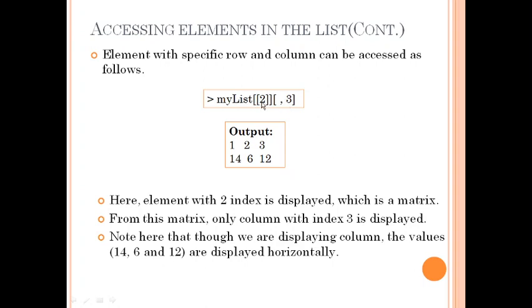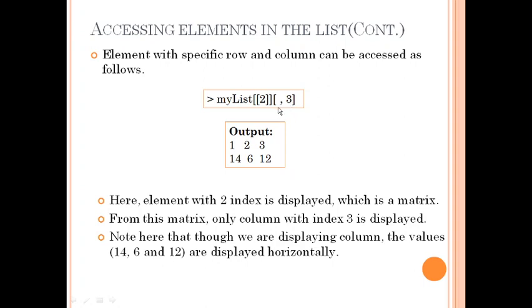My list, this double bracket must be the index of the second element, and as we know the second element is a matrix. So from that matrix I am interested in row 3, column 3. See, the value is given after the comma, which means the column number is given, not the row number.